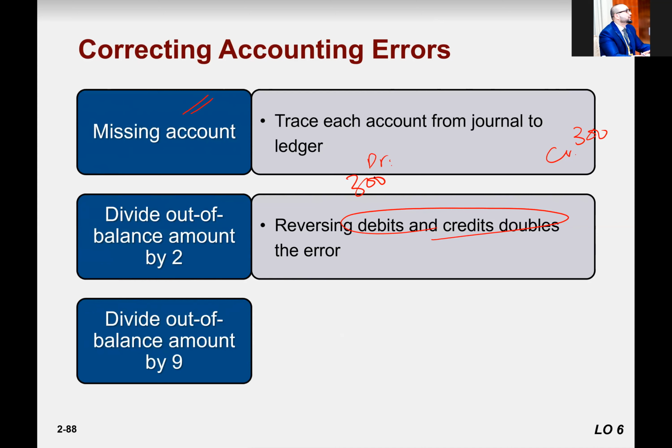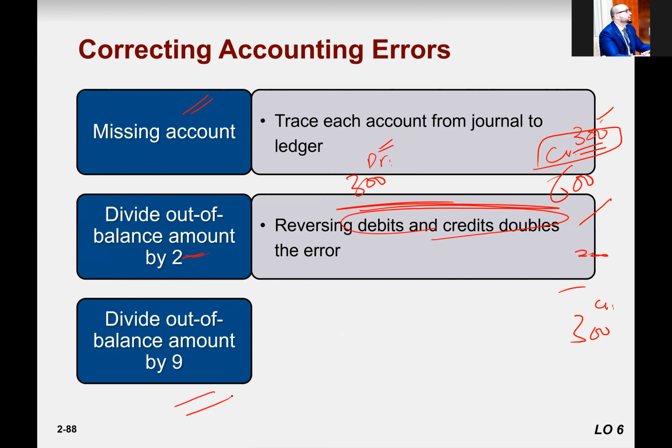So in order to remove the effect of this, you must put 600 on the credit side so that the balance would be 300. So the debit side is 300, the credit side is 600. So the balance would be 300 credit side. So this is what we mean by doubling it. If the question occurs, then we will find out what's going to happen. So don't worry about that.